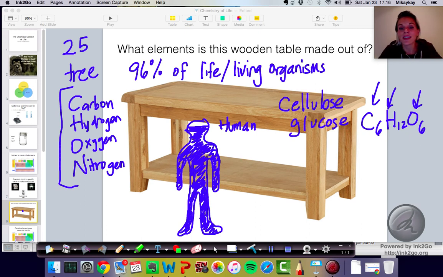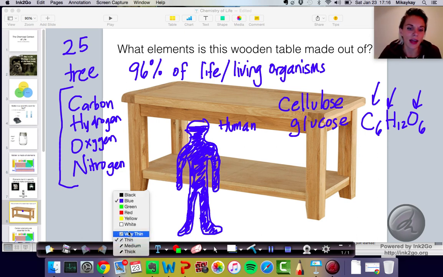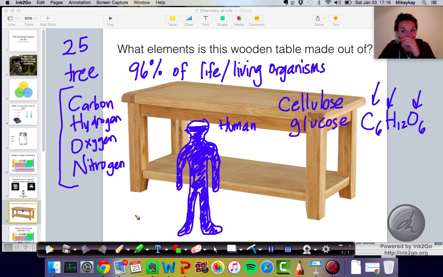And remember that we're talking about 4 elements, but they are connected in different ways, right? They are different compounds. There are thousands, millions of different compounds that you have in your body. And even though they're made out of mostly these elements, they're connected in different ways and they can do different things. And so you might be saying, okay, well, that's great, miss, but what about the other 4%?